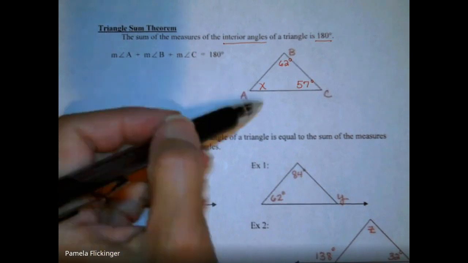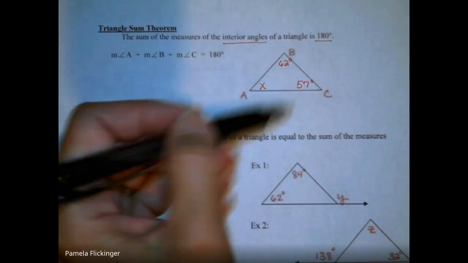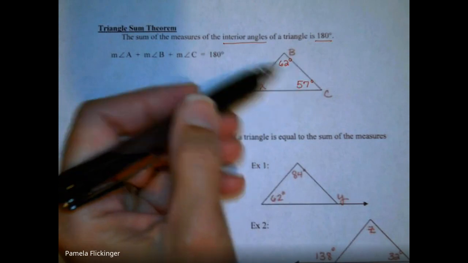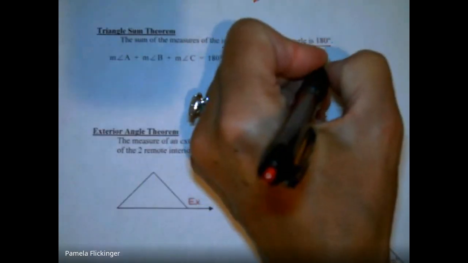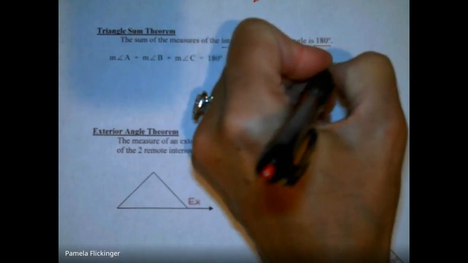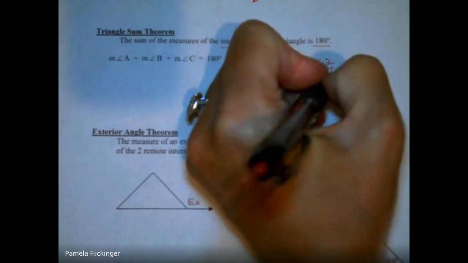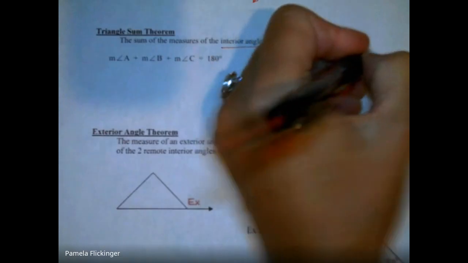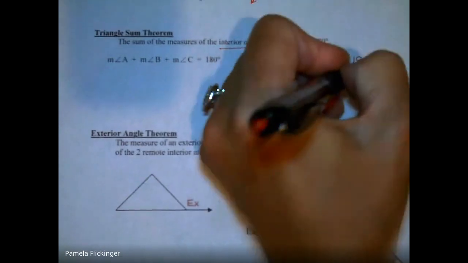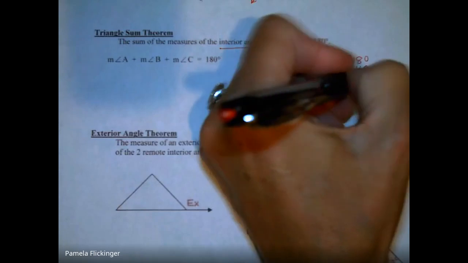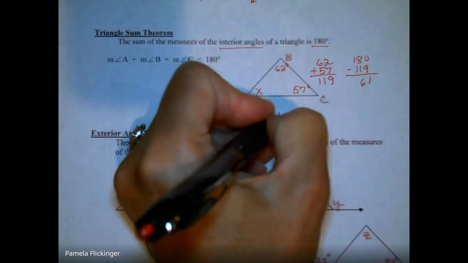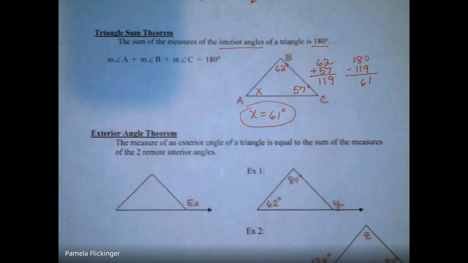Given a triangle where you know two of the three angles, you would simply add the 62 and the 57, and we get 119. Then we would subtract that from 180 to get the remaining angle, and we get 61. So we would say x equals 61 degrees.